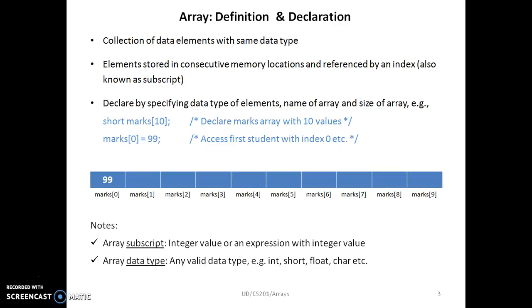For example, instead of 0, you can put something like 2 plus 3, or i plus 2, and all sorts of expressions. The only condition is that the expression must evaluate to an integer value.